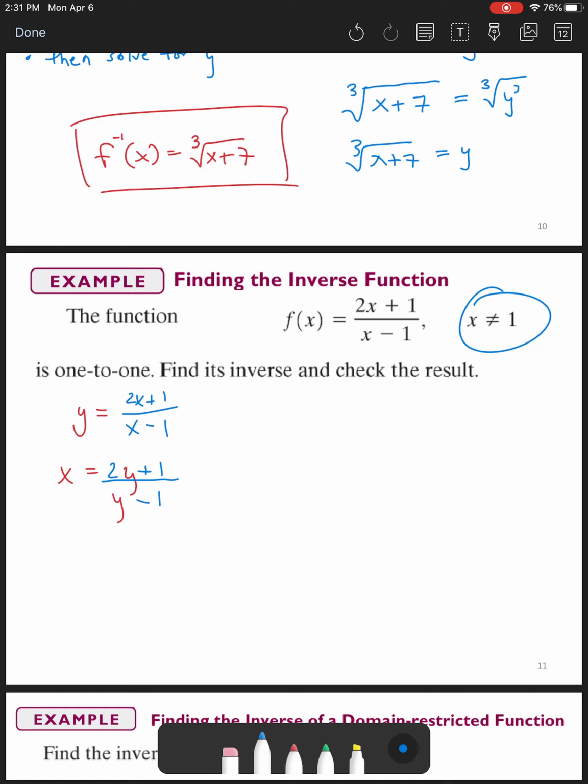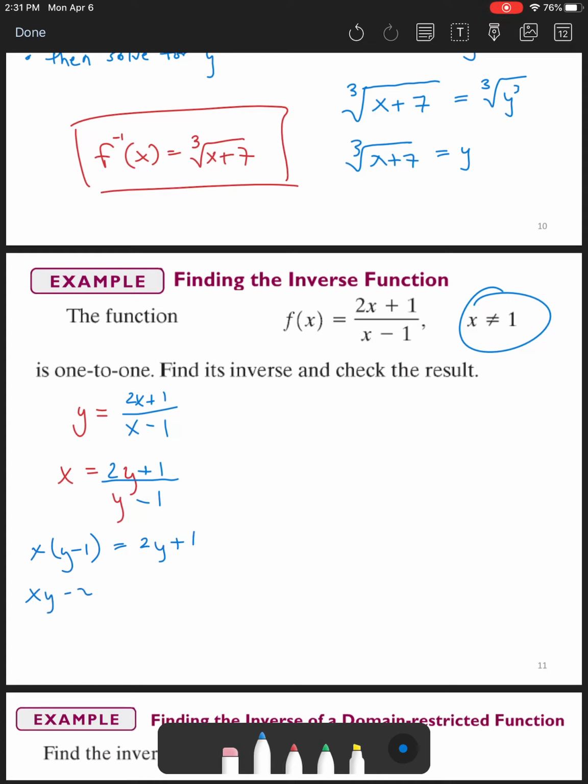Now again, solve for y. All right, so we have x times y minus 1 equals 2y plus 1. You're going to have to distribute and move stuff around because you want y on one side only.